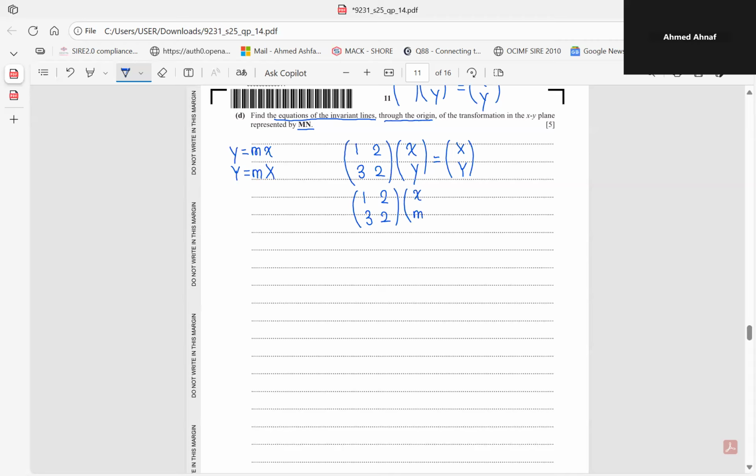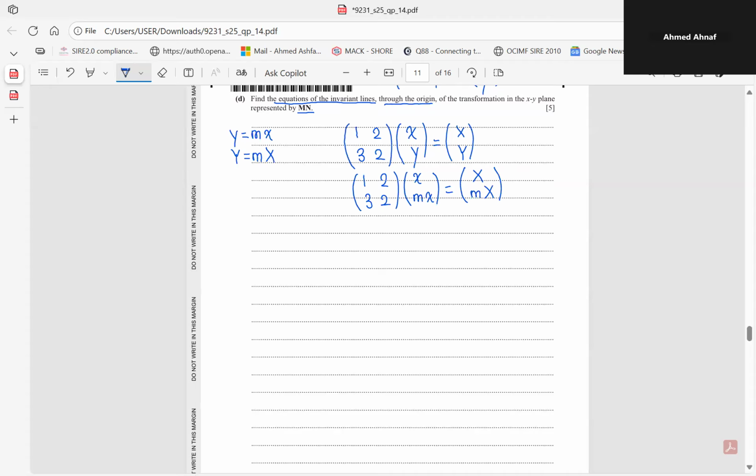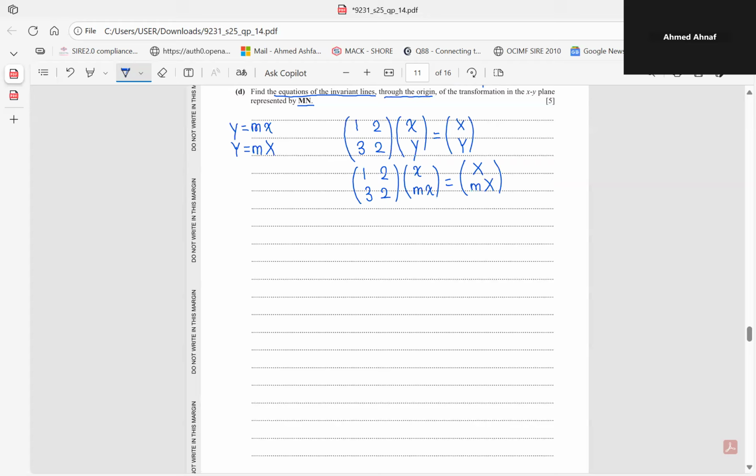So let's do that. Big X equals big X, mx. Now let's multiply these. It's a 2 by 2 matrix and a 2 by 1 matrix, so the number of columns and number of rows line up. So this would be a 2 by 1 matrix.